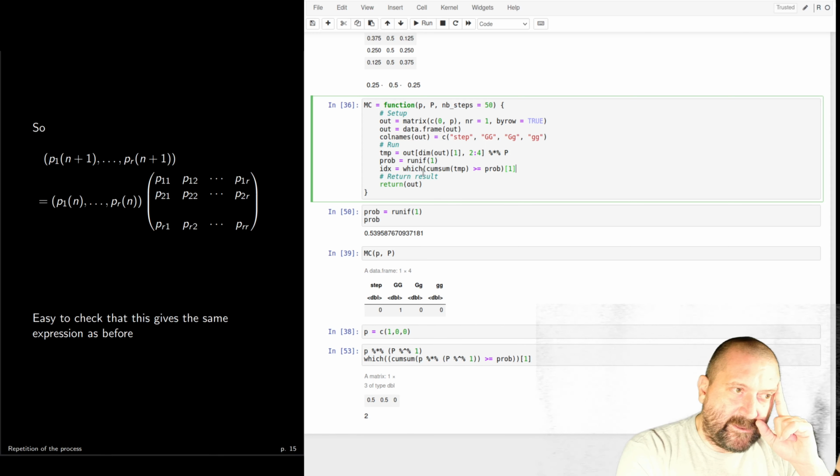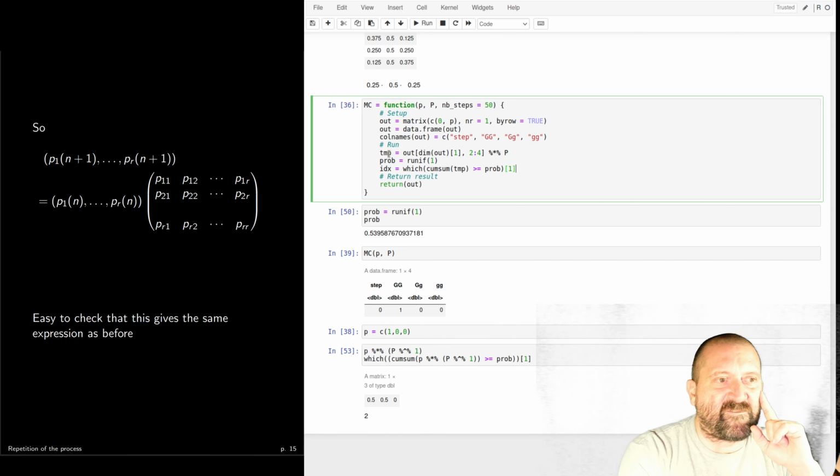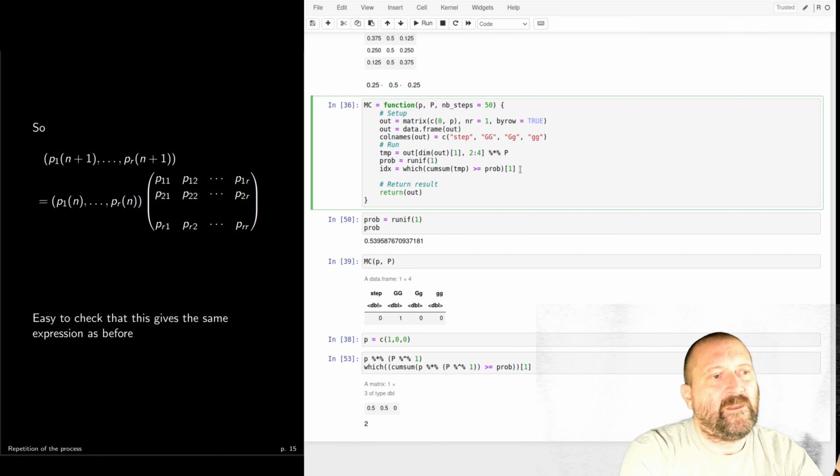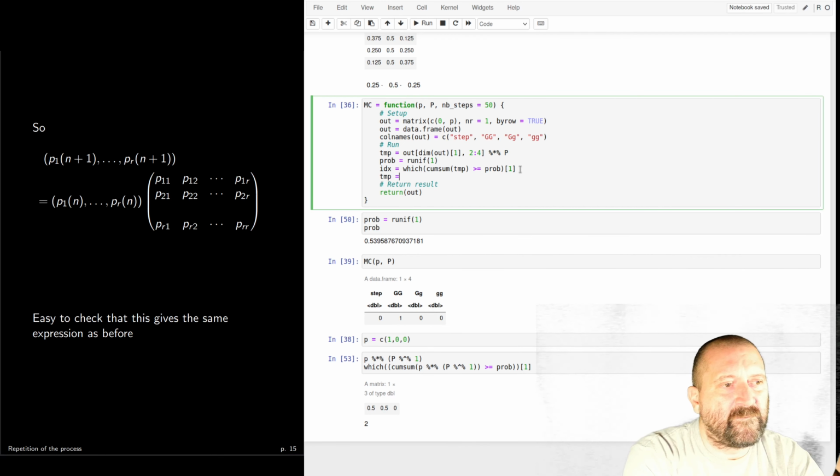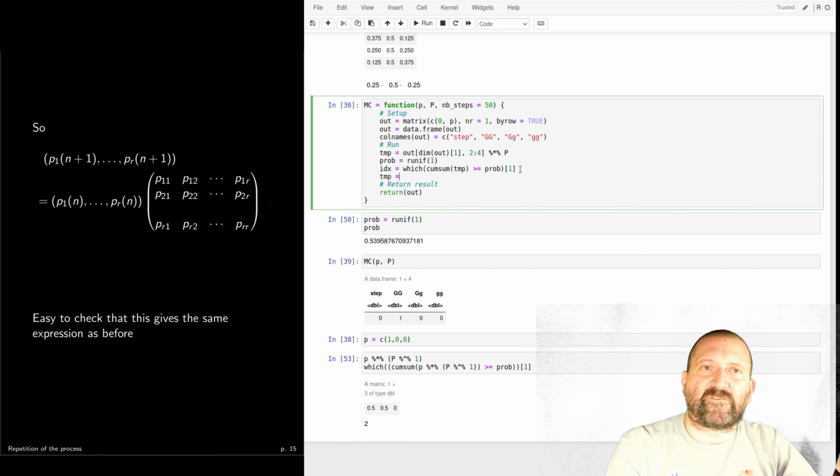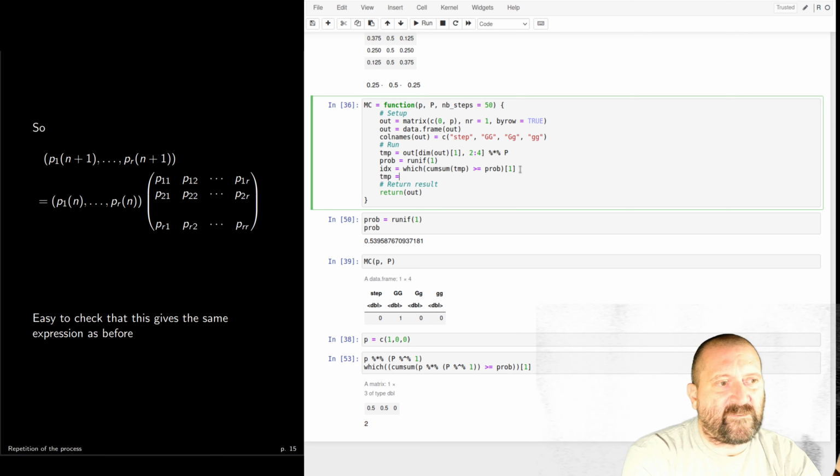The only thing here is that index is relative to temp, which has only 3 entries, and when I'm assigning the result, well, actually, let's do it this way. I'm going to say that temp, therefore, so now I've chosen my entry, which is going to be equal to 1. Okay, I've got my index.